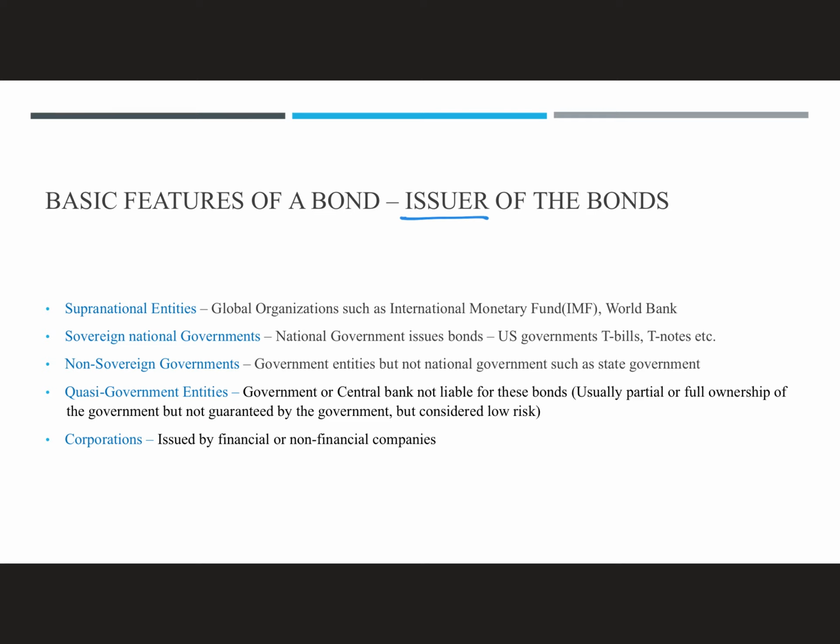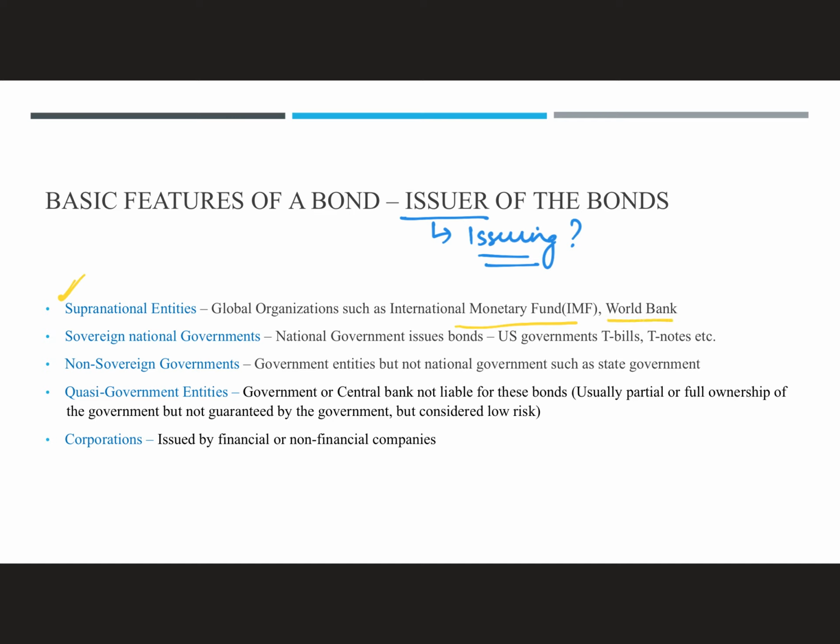The issuer of the bond. So as the name suggests, we are looking at who is issuing the bond. Who is issuing the bond? There are five broad categories of entities who issue these kinds of bonds. First entity being the supranational entities. So what is a supranational entity? It's a global organization such as International Monetary Fund, World Bank.